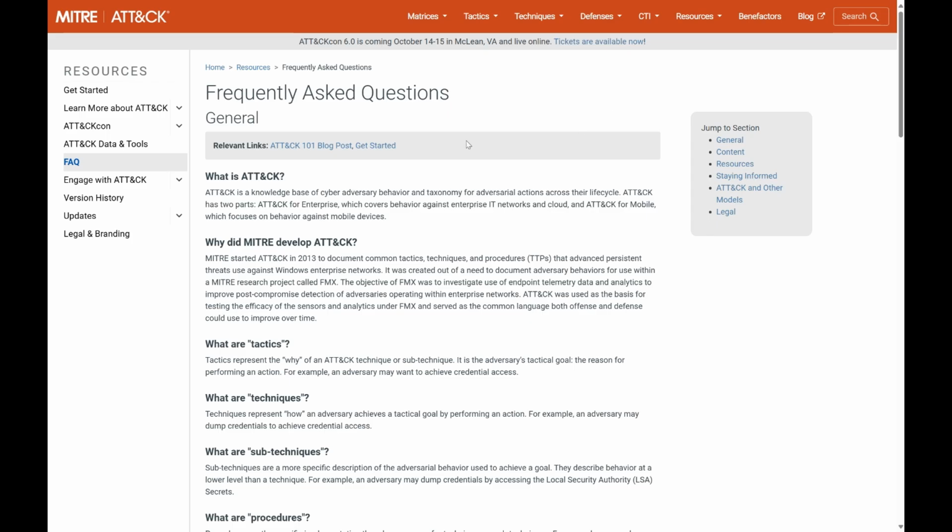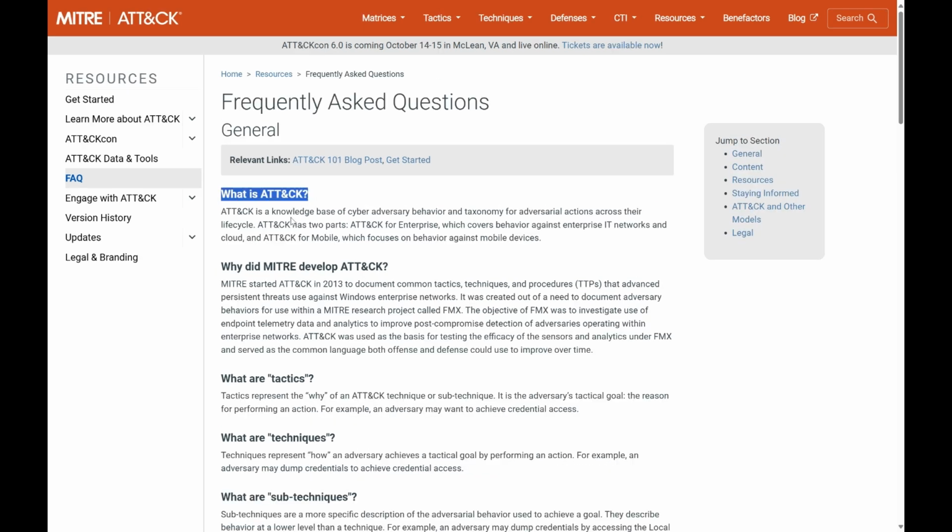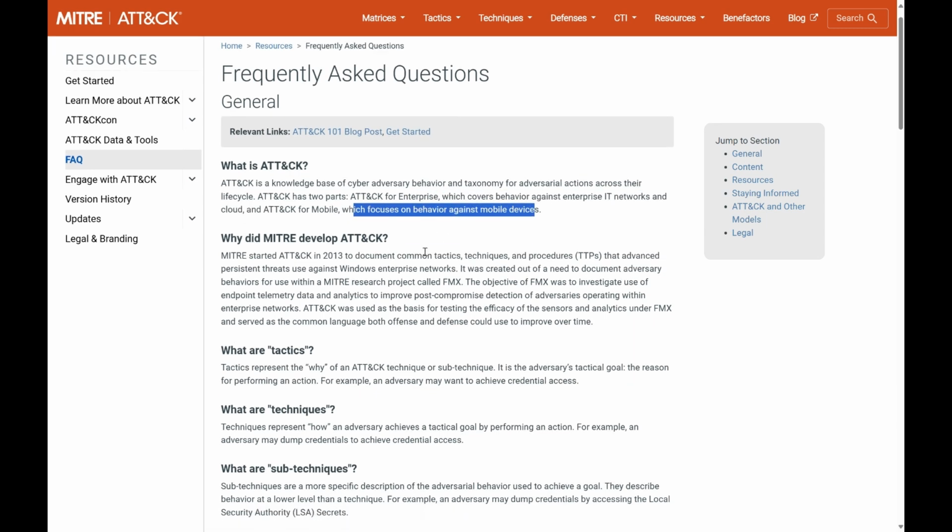All right, so here we have some frequently asked questions. What is ATT&CK? ATT&CK is a knowledge base of cyber adversary behavior and taxonomy for adversarial action across their life cycle. ATT&CK has two parts: ATT&CK for Enterprise, which covers behavior against enterprise IT networks and cloud, and ATT&CK for Mobile, which focuses on behavior against mobile devices.